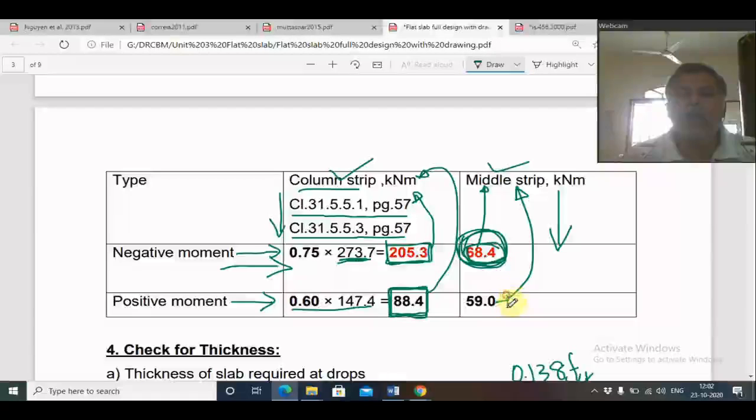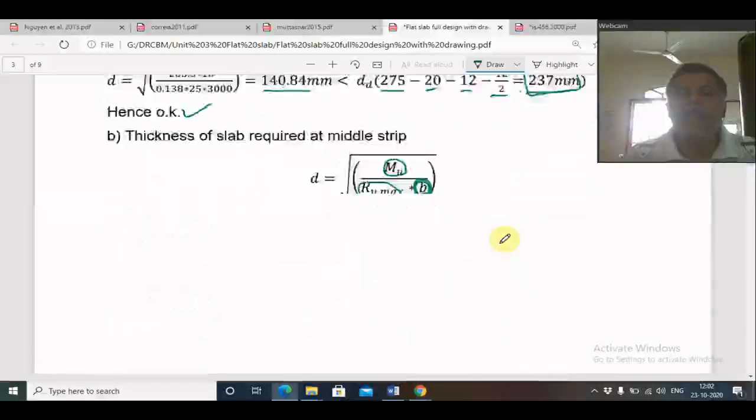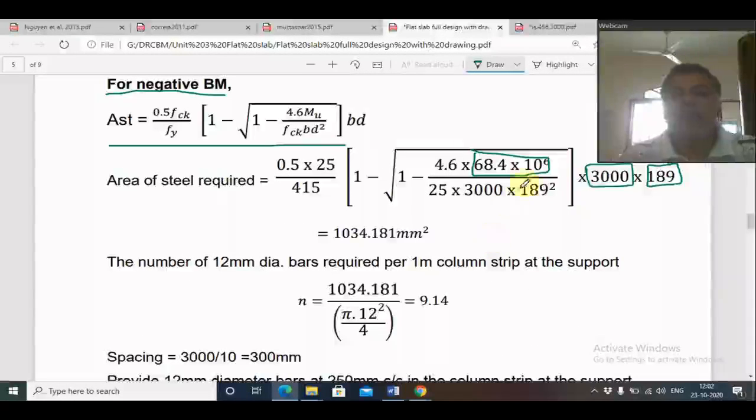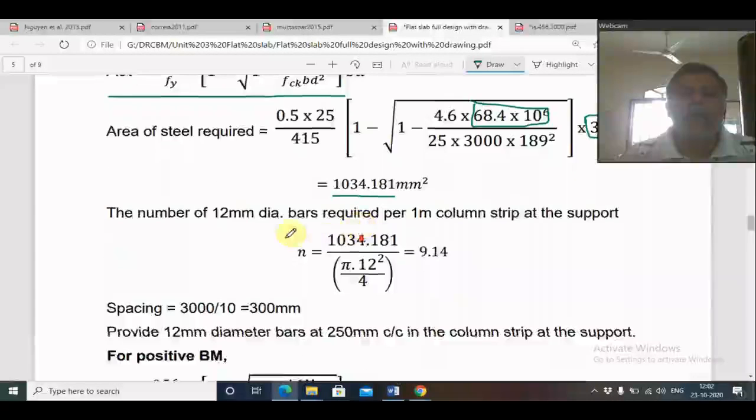For positive, 59. So first I will calculate for 68.4, then 59. So 68.4 I have substituted here. So the AST required is 1054.181 mm squared. I am calculating the number of bars required as 9.14. Then I will round this off to the nearest value as 10.